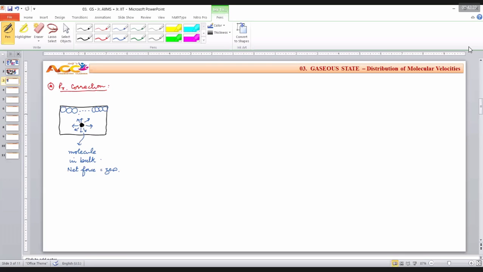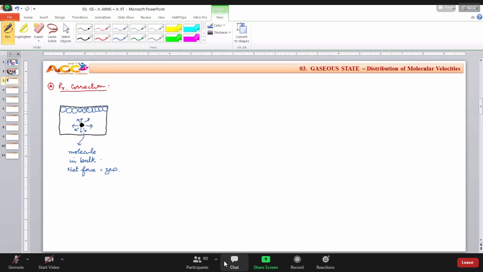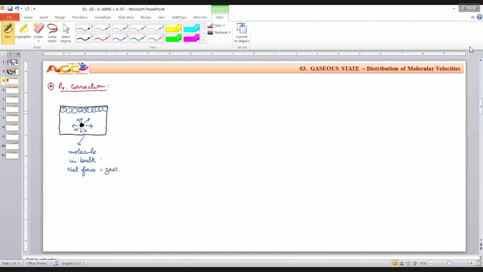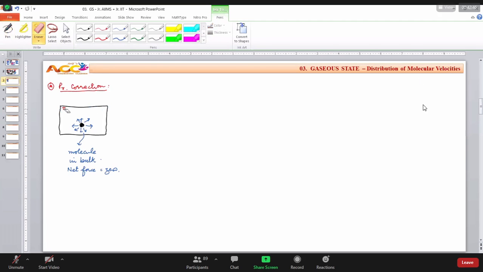N number of molecules are going to collide with the wall of the container. Okay, something like this. Now, these molecules are going to collide. When they are going to collide with walls of the container, let us take case number one. What is case number one? They will go and collide with certain amount of force. Let me draw in a different way. Okay. Suppose for example, all these gas molecules are going to collide.